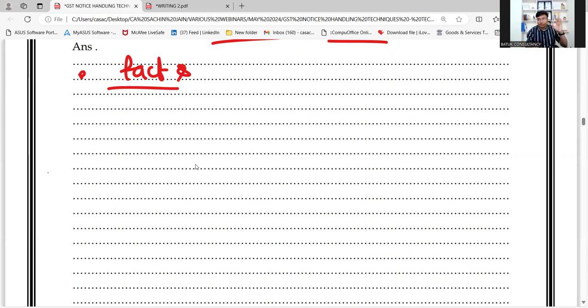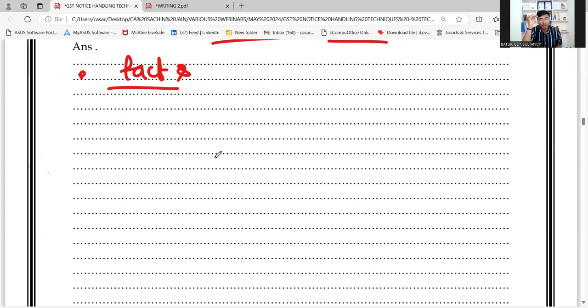Okay, suppose the particular notice is related to a difference between GSTR 3B and 2B. मैं बार बार यही एग्जांपल ले रहा हूं because this is the most common. Departmental authorities are issuing multiple notices on this specific ground. So first we need to explain the facts, that, sir, during this particular financial year, this is the difference. First we need to take the reference of the notice, no problem in that.